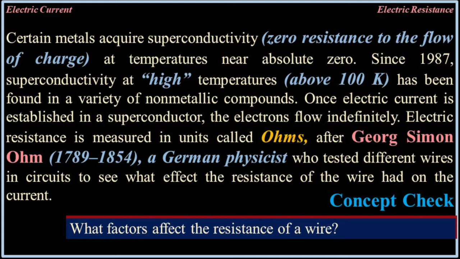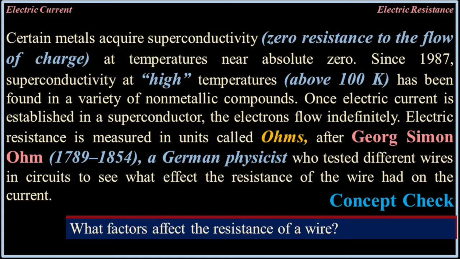Certain metals acquire superconductivity, zero resistance to the flow of charge, at temperatures near absolute zero. Since 1987, superconductivity at high temperatures above 100 Kelvin has been found in a variety of nonmetallic compounds. Once electric current is established in a superconductor, the electrons flow indefinitely.